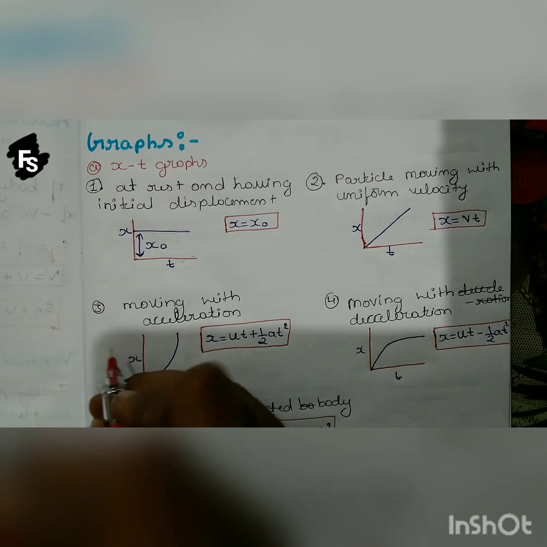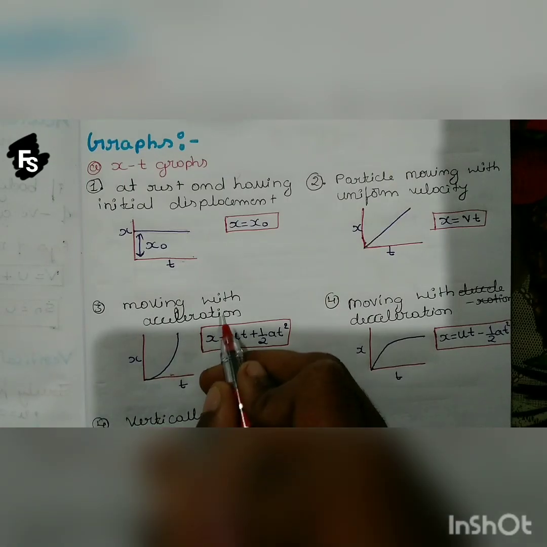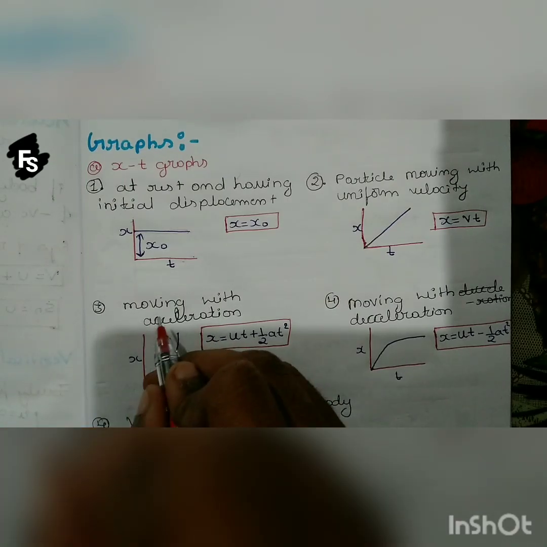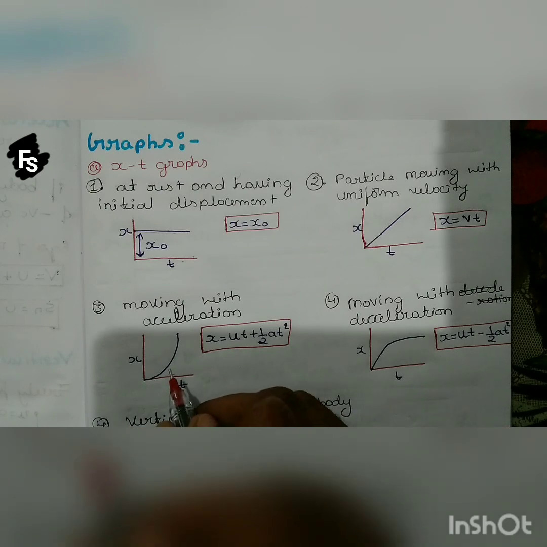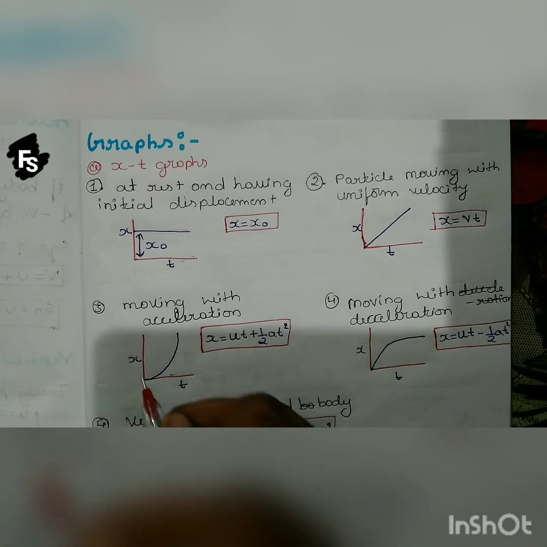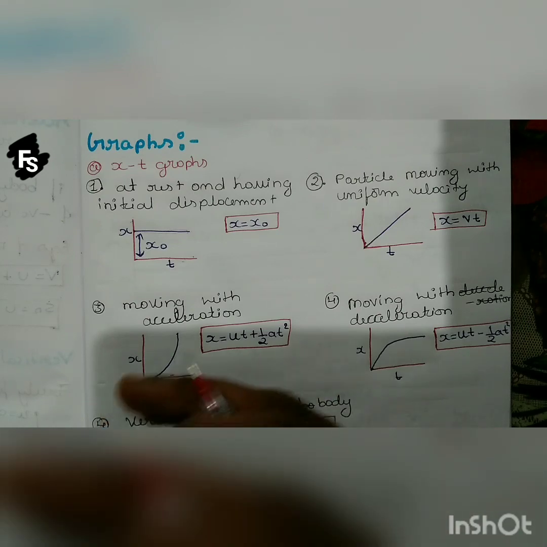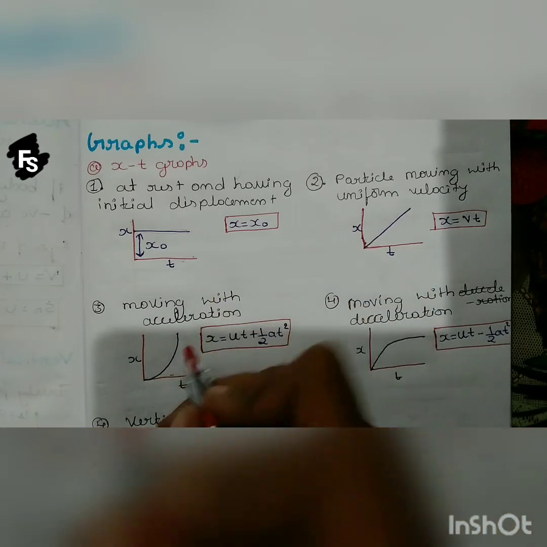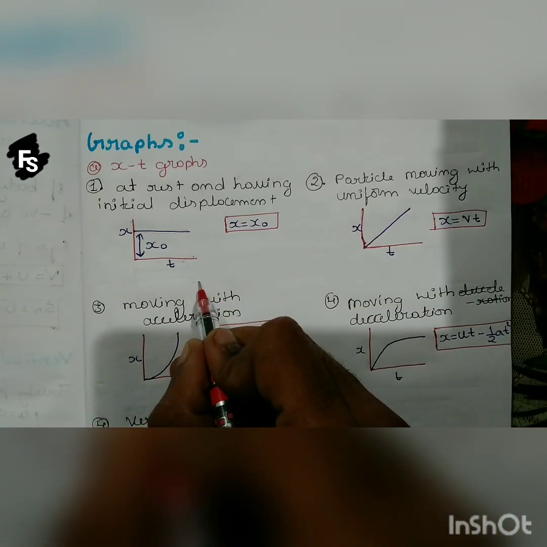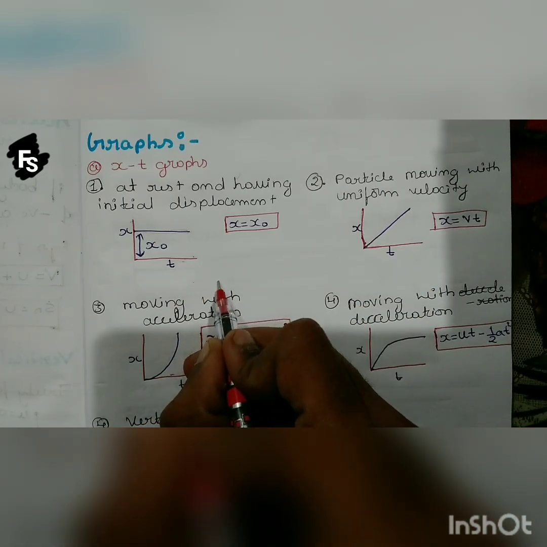Then we move on to the third graph, moving with acceleration. The particle is moving with acceleration. If we take an example of a car, if we accelerate the car, then the car moves faster, means it covers more distance in less time taken.